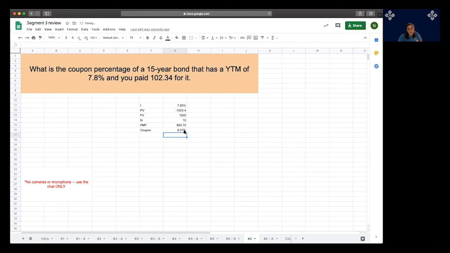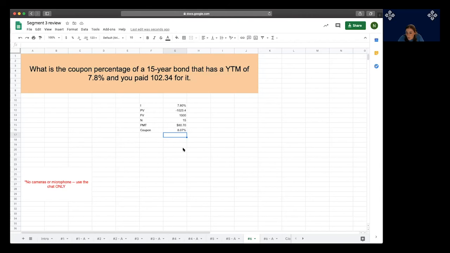Okay, you should be left with 8.07%. So that's kind of a backwards problem: instead of being given the coupon, you're solving for the coupon. First you have to solve for the payment. Hopefully that made sense for the people that were getting different answers. Just by seeing it, it makes a little more sense.